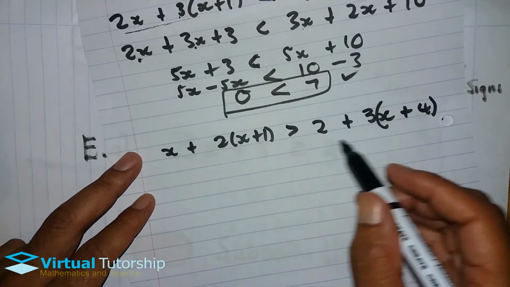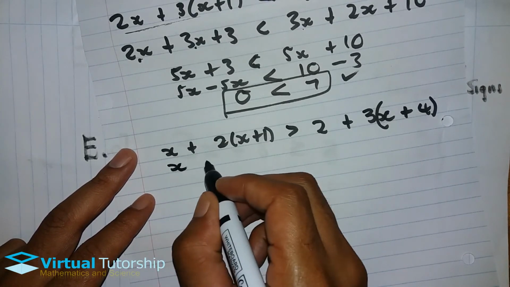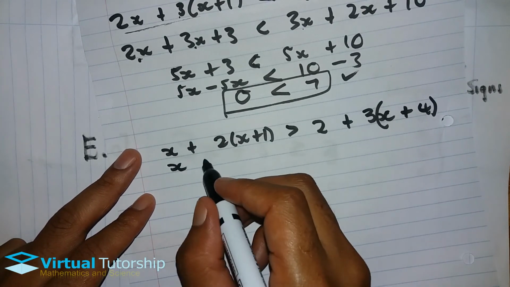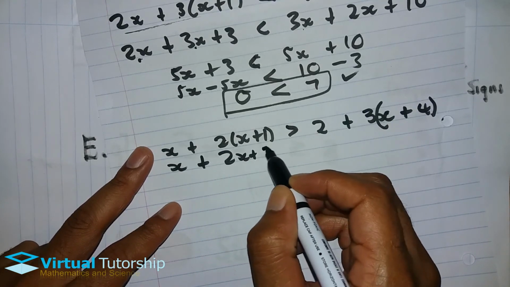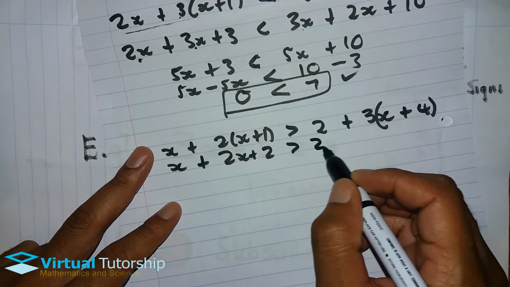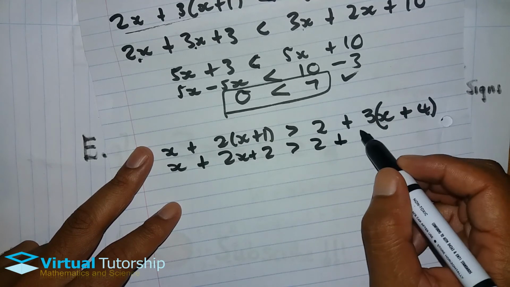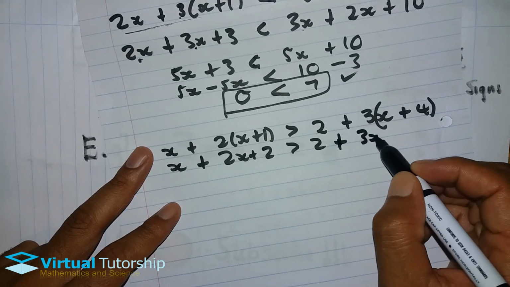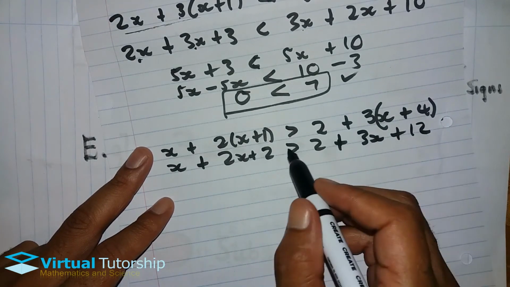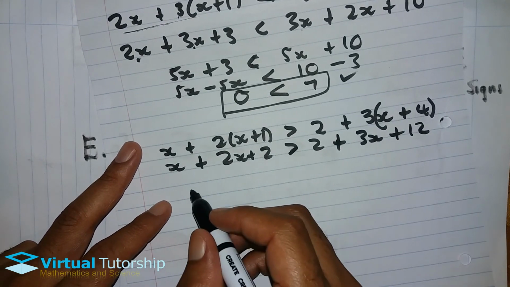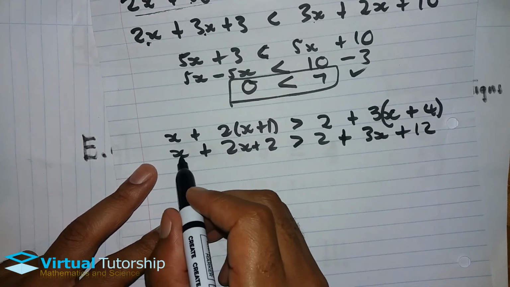So when I simplify this, solve for the brackets first. So it will be x plus 2x plus 2 greater than 2 plus, solving for that bracket I get 3x plus 12. So on the left hand side and the right hand side I have like terms. So let's simplify the sides.